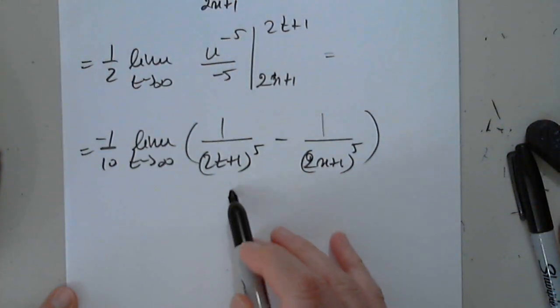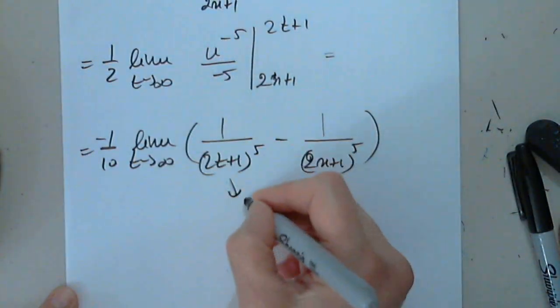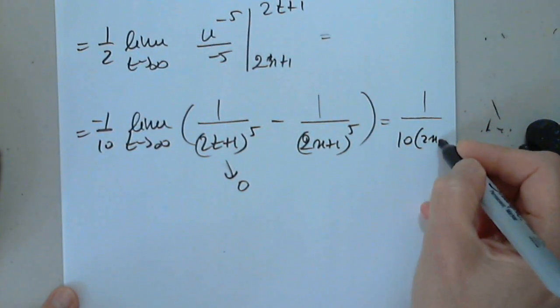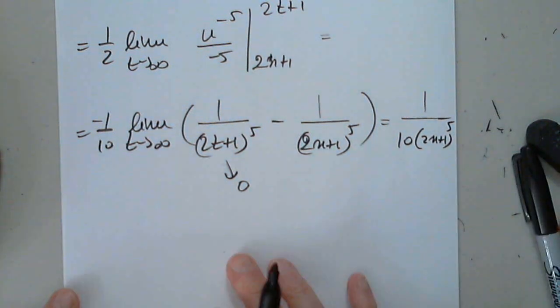So when t approaches infinity, this first term approaches 0. So the answer is 1 over 10 times (2n plus 1) to the fifth.